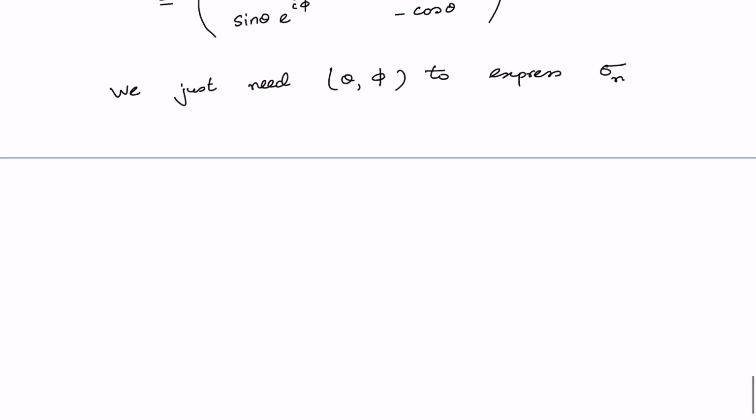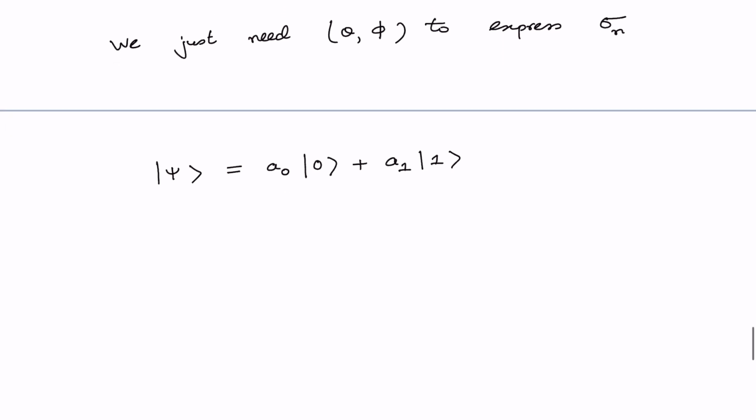Now let me consider the two-state system, arbitrary state psi for the two-level atom or two-state system. Now as I said, I'm going to represent the ground state as 0 and the excited state as 1, and I can write it as a superposition of ket 0 and ket 1. Instead of writing a_g, I am writing a_0, and a_e I am writing a_1.